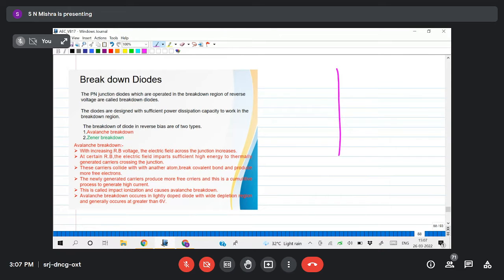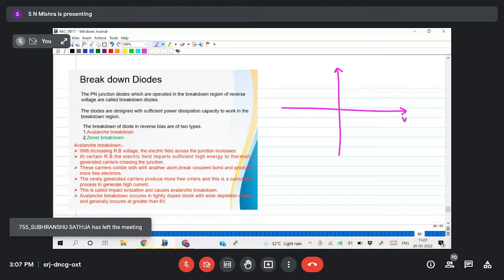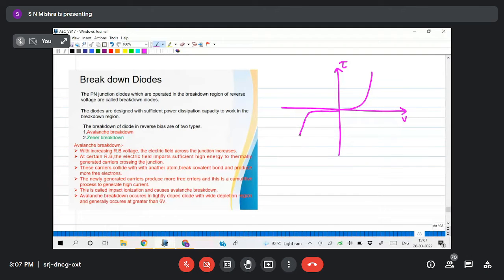During the characteristic of PN junction diode we have taken voltage and current. This is a forward characteristic and this is your reverse characteristic. This region from here to here we call the breakdown region.